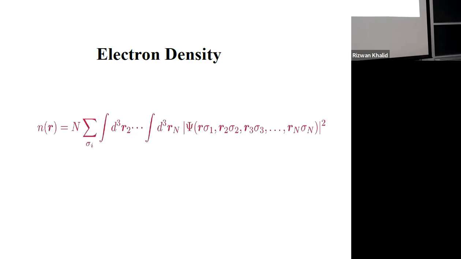So before going to the density functional theory, I would like to define the electron density of any number of particles. If you know their wave function, you take the modulus square and integrate over all variables except one. You get the probability of finding a particle at that point. Actually, if you multiply it with the volume element, you get the density in the real sense. You get the number of particles, the probability of finding the particles in that volume, right?